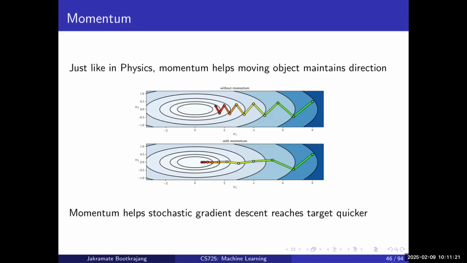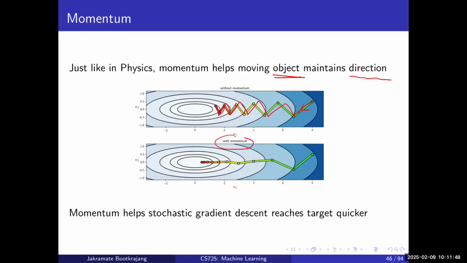You can also use something called momentum. This comes from physics, but you will move the objective while you want to maintain the direction. So without momentum, you will find the lowest derivative, you move in that direction, and you will keep zigzagging.